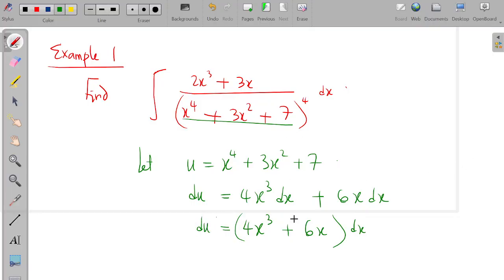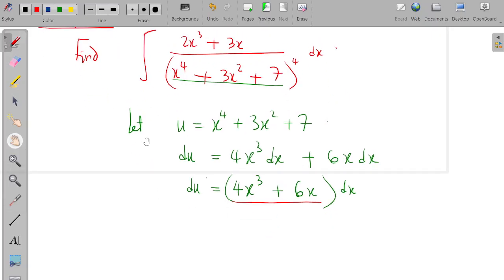Can you see? Now if you look at what we have here, it's similar to what we have in the numerator, only that now this is 4x^3 and this is 6x. So what can we do to make it exactly the same? We just factorize 2 out. That gives 2 times (2x^3 + 3x) dx.